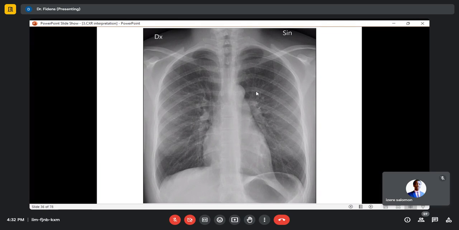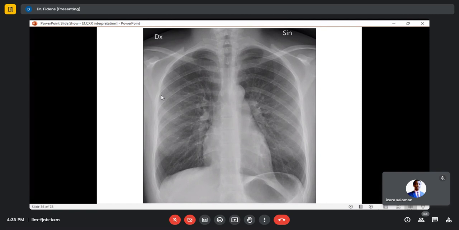We check the shape, the size, and everything as I told you. Then you go to the lungs. Remember the zones: upper zone, middle zone, lower zone, and check them very well. Look at the vessels, their orientation, and whether there is any opacity. And you finish checking the lung by checking the costophrenic angle.